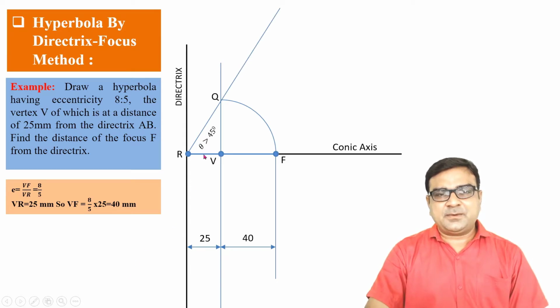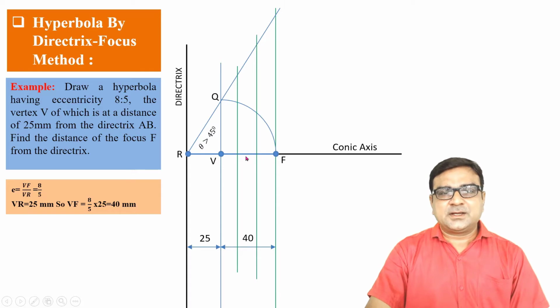The angle made by this line with the horizontal axis is always greater than 45 degrees. So extend the points after V: 1, 2, 3, 4, 5, whatever you want. Here I have taken only 3 points, 1, 2, 3. So this vertical line intersects this inclined line at A, line 2 at B, line 3 at C.